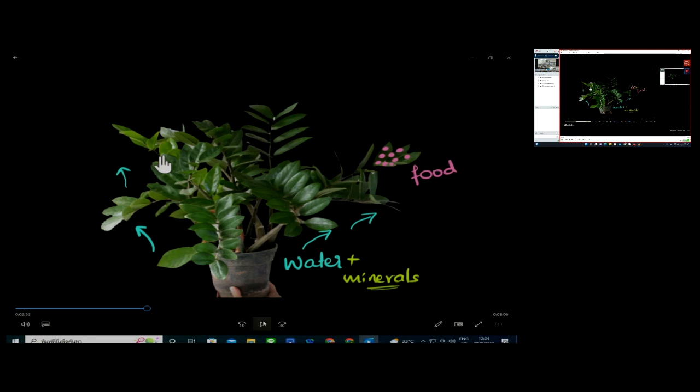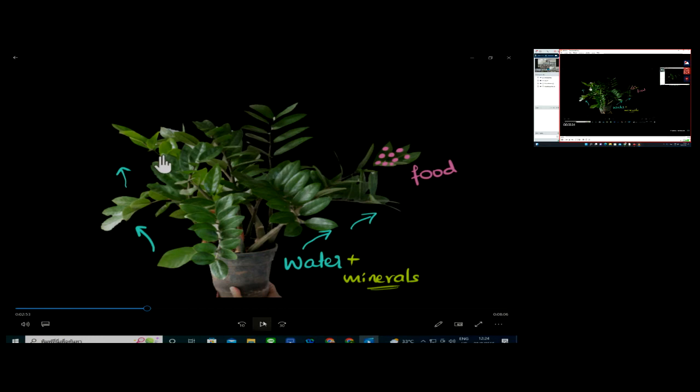Like the stem cannot make food, the roots cannot make food, new shoots that are coming up cannot make food. So we'll need the food that is made in the leaves, like what is pointed there, to move to other parts so that the cells there can live.